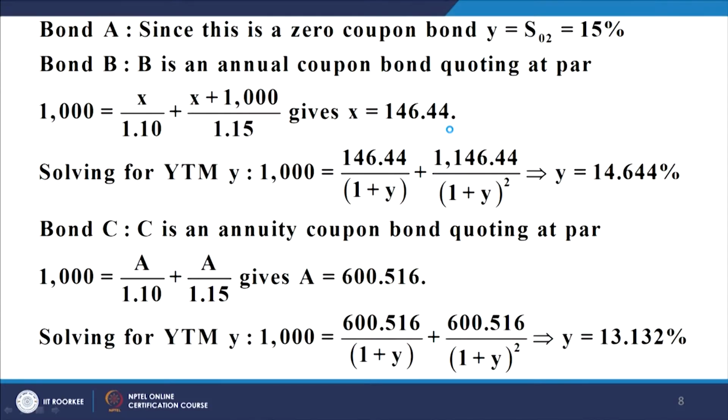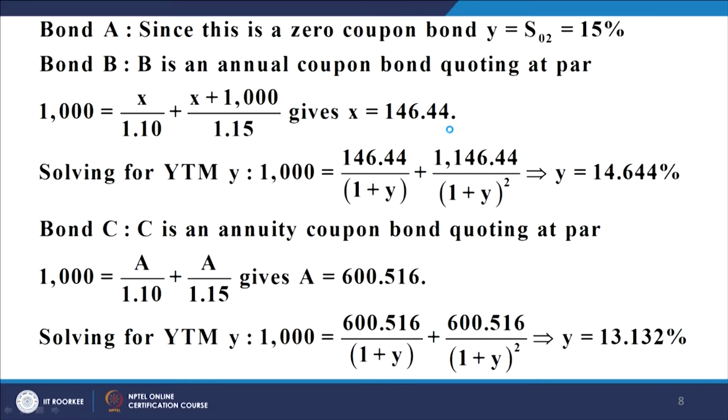What is x? X is the coupon payment at the end of the first year, divided by the discount rate, the spot rate which is relevant for the first year, which is 10%, and then we have the second payment, the payment at the end of the second year, which is the coupon payment x, plus the redemption of principal at par, so that would be x plus 1000.